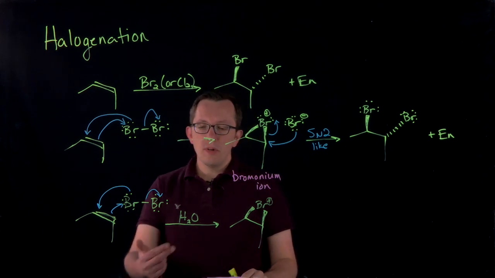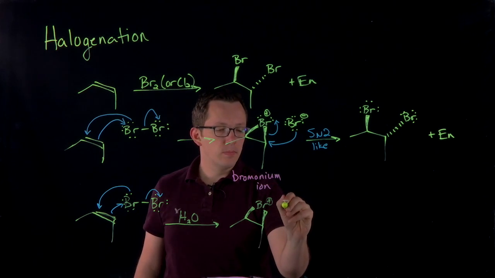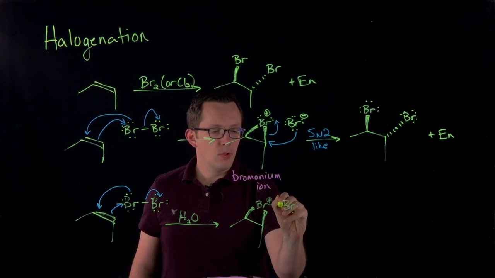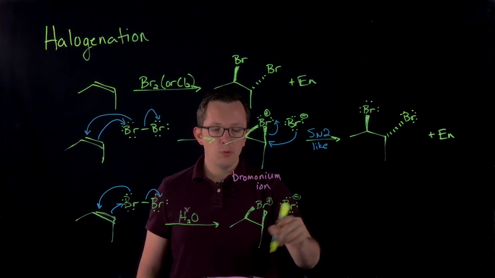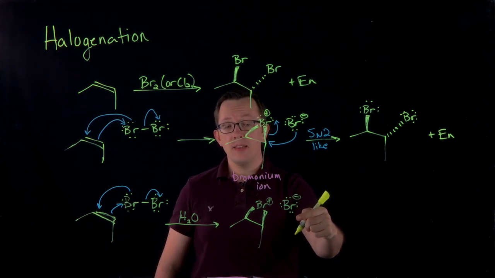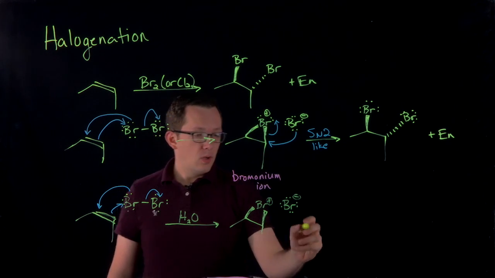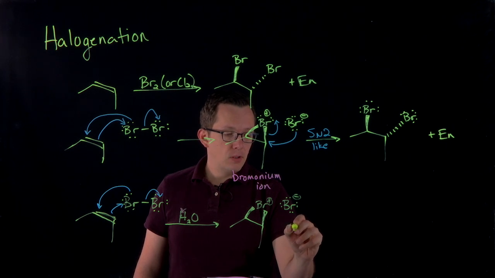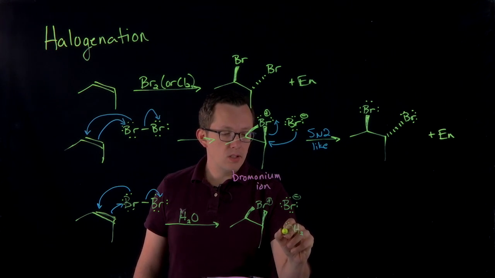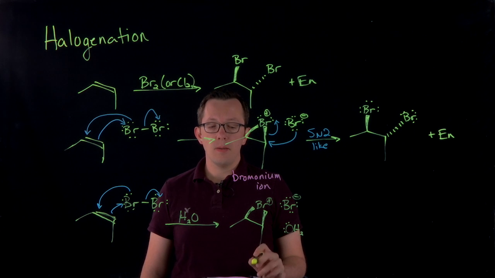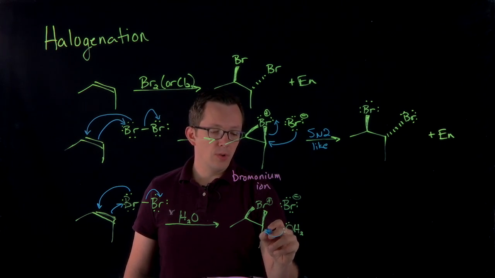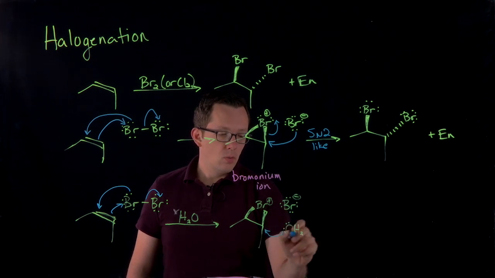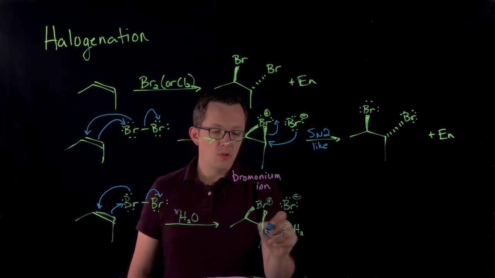Okay? So when we do this in the presence of water, right, we're going to have a lot of water around relative to the number of bromoniums and bromide ions present. So in the case here, water is going to act as our nucleophile this time. So now water, with one of its lone pairs, can do the ring opening reaction, where a lone pair forms a bond to carbon.